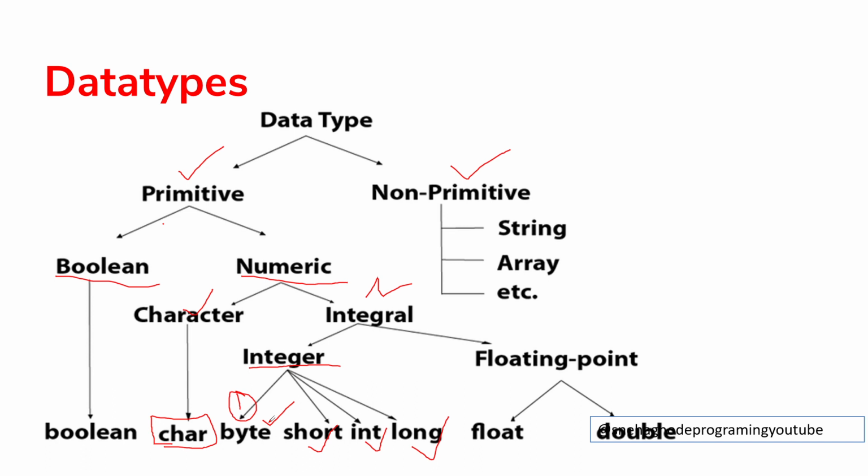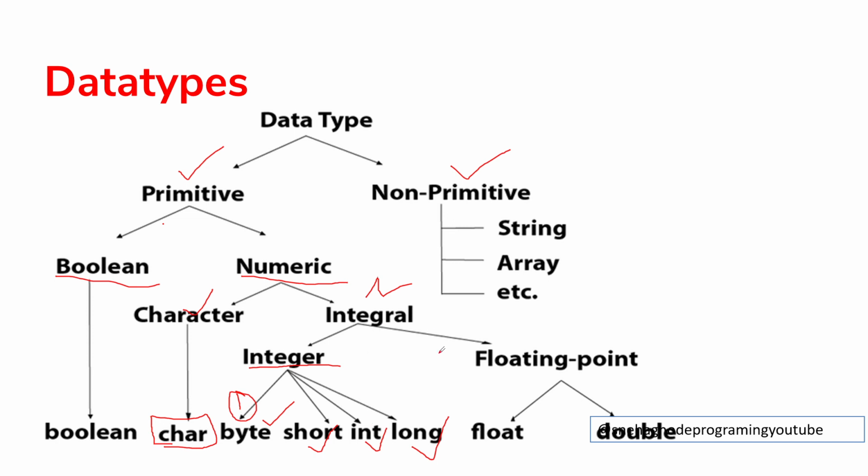Then short int means the integer comes with a data type called short int. It totally depends on the range of that particular number; accordingly we use short int, long int, byte, or simply int. We will see further how much space and what range these data types have.